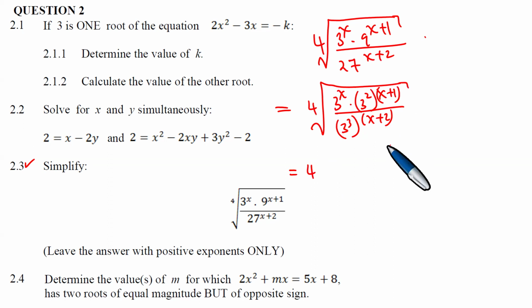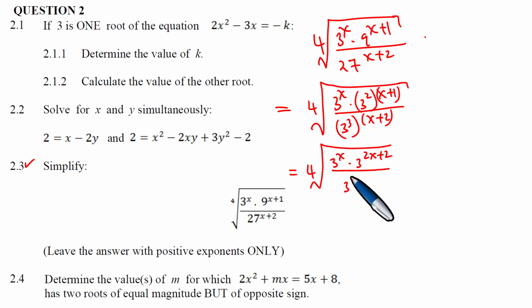So you have the fourth root. So which is 3 to the power x, 3 to the power. Here we have 2 times x, which is 2x plus 2, and this is 3x plus 2. What do we do here after this?